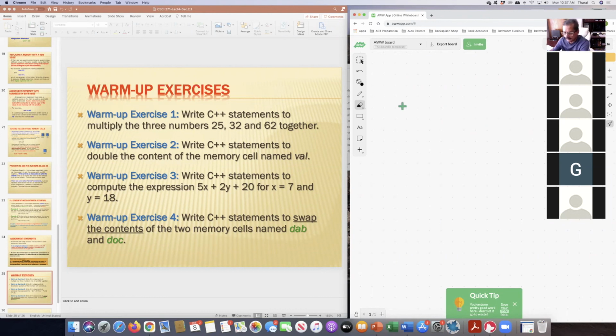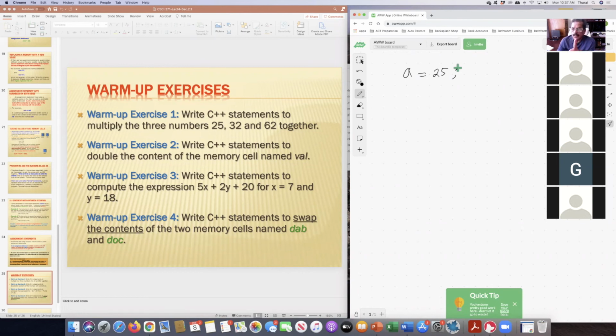I'm pretty sure most of you got it, but you don't want to turn the camera on. That's fine. So I'm going to write the answer for the first one. Basically, you need to just make up names for the three numbers to be stored. Let me use A equal to 25, semicolon.